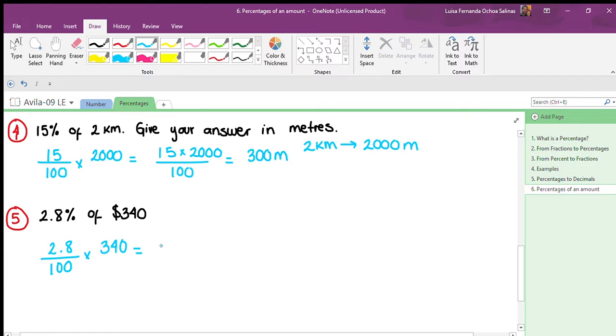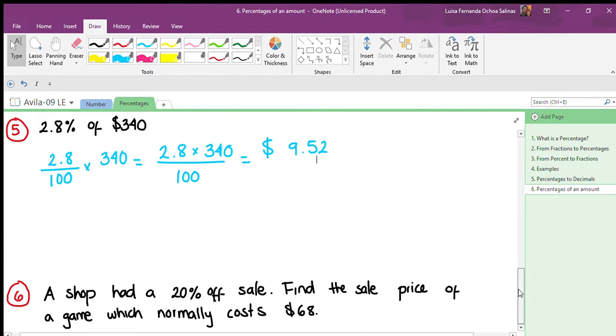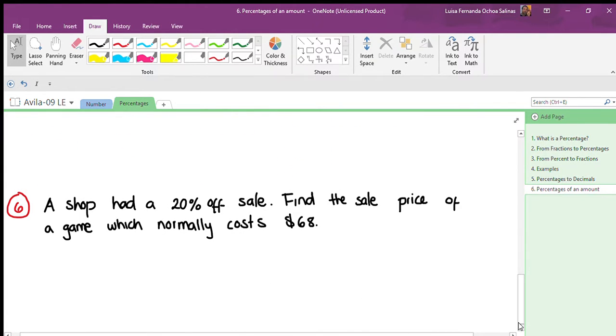And in your calculator, you're going to write it as 2.8 times 340 divided by 100. And you're going to get that your answer is, what are the units? Dollars. So I'm going to write it in dollars right away. Dollars, 9.52 or $9.52.